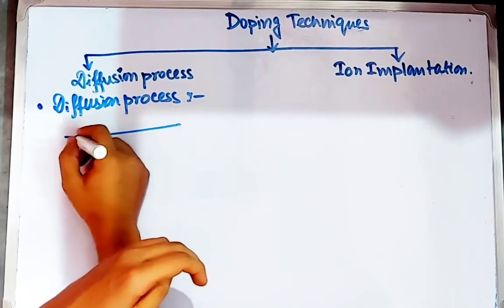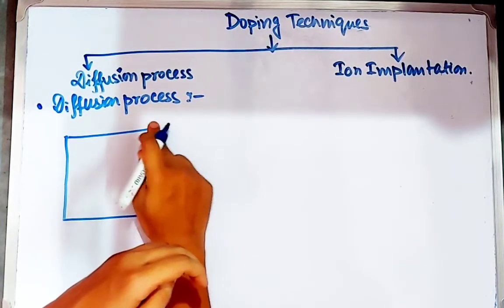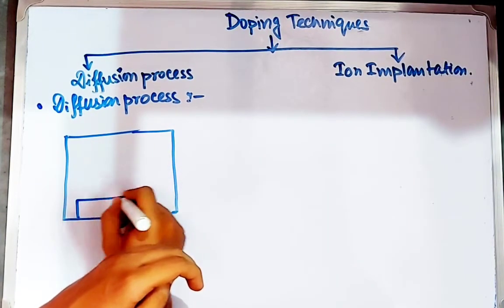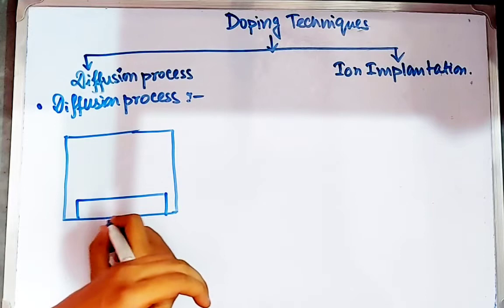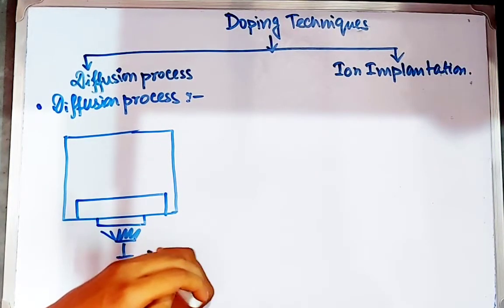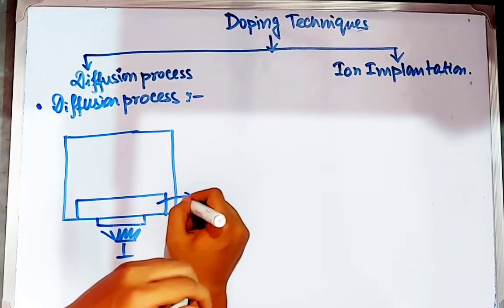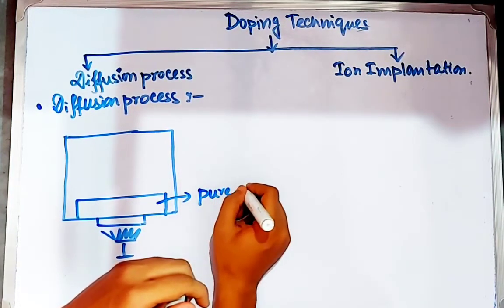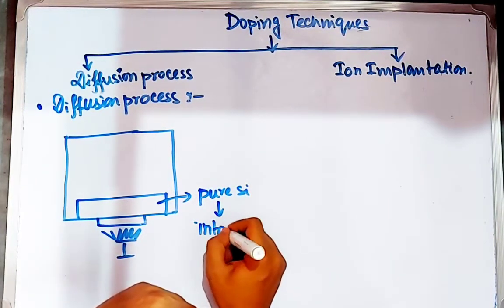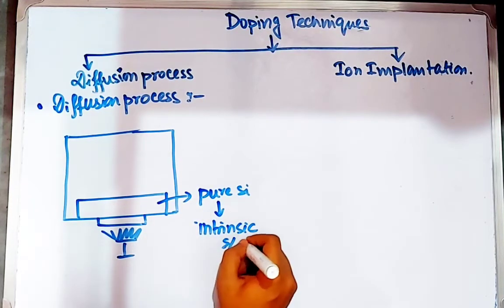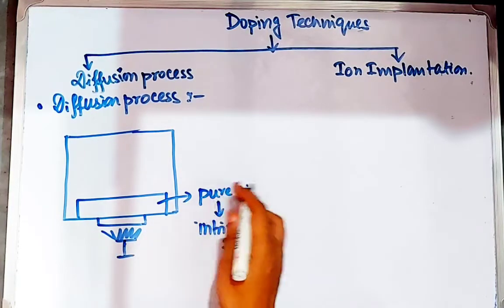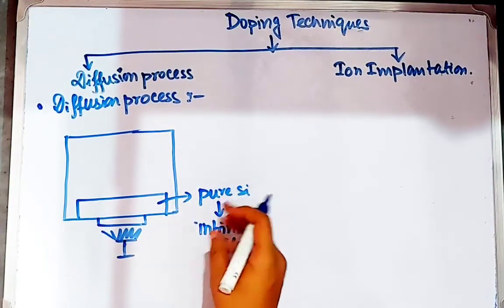In this process a silicon bar is kept within a container and there is a burner under the container, and this is a pure silicon bar. That means it is an intrinsic semiconductor. Suppose we are interested to make this pure silicon bar into an n-type silicon bar.